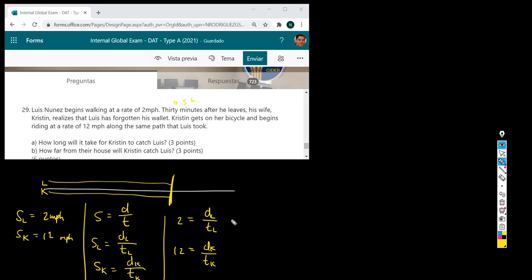There you go. Let's continue over here. Now remember, what is the relationship between TL and TK? How do they relate, these two things? Can I write an equation that relates these two? Yes, and the equation is this. The time that Christine spends riding is the same as the time that Luis spends traveling minus 0.5.